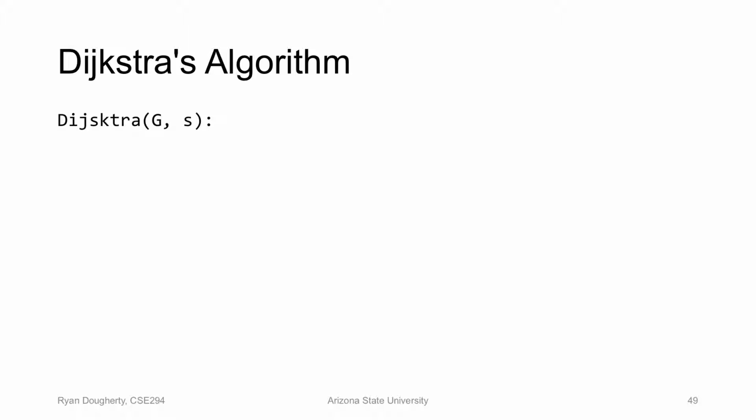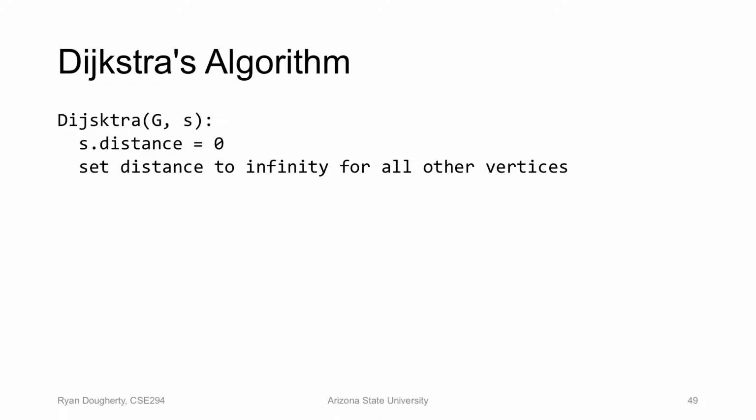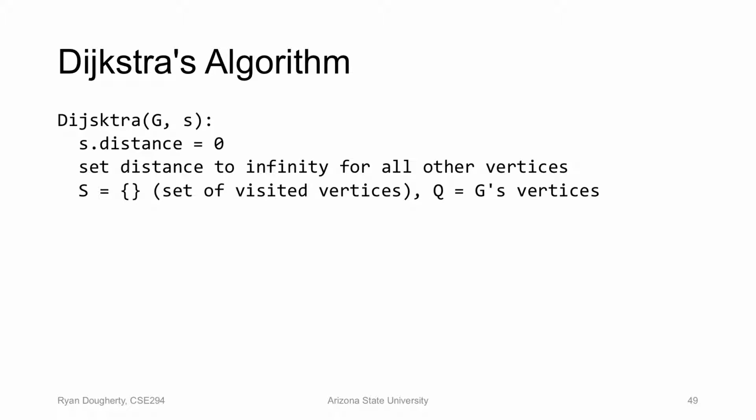So what we're going to do is take in a graph G and a source vertex S. As we all know, the distance from S to itself is 0, and we set the distance to be infinity for all of the other vertices. The same as breadth first search. But we're going to maintain this distance to be the minimum as we go along. So we're going to let S be the set of visited vertices.